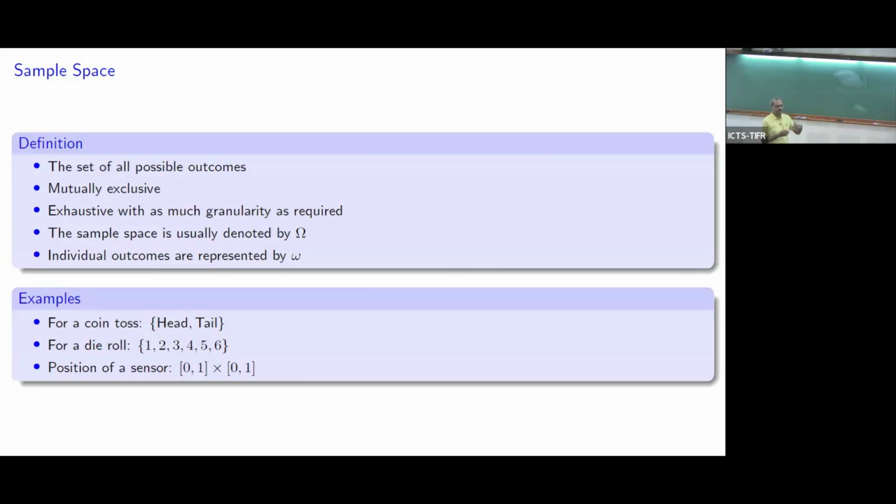Maybe you have made a bet with your friend that if it comes up even, you will get some money. So the interesting thing you are looking at is whether the value that comes up is 2, 4, or 6. This is a subset of your sample space. This is called an event.